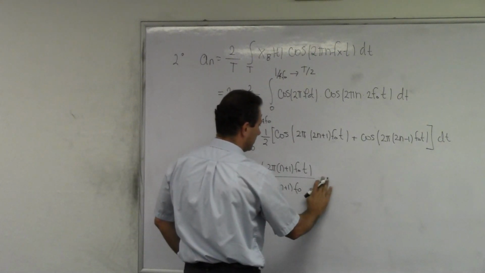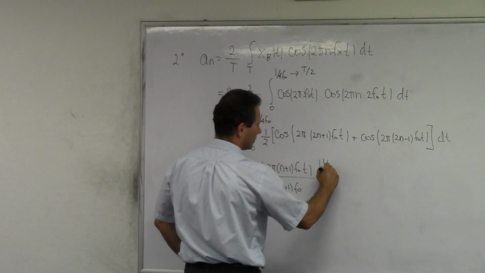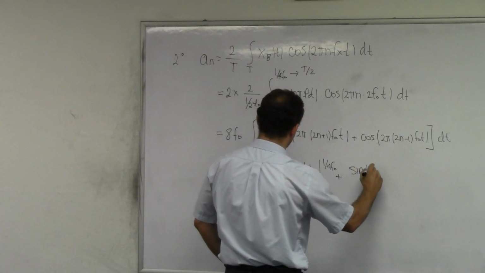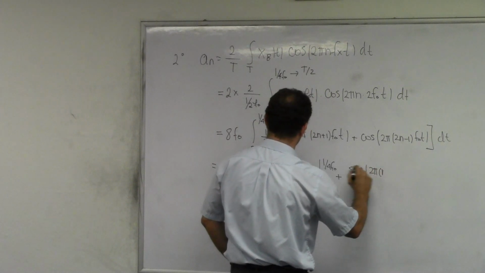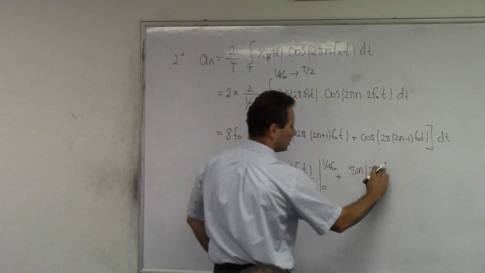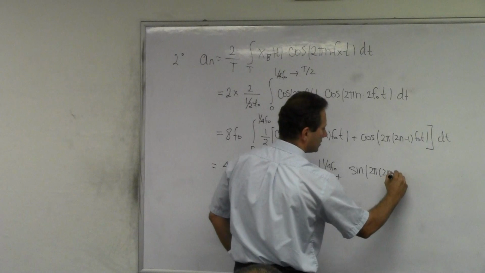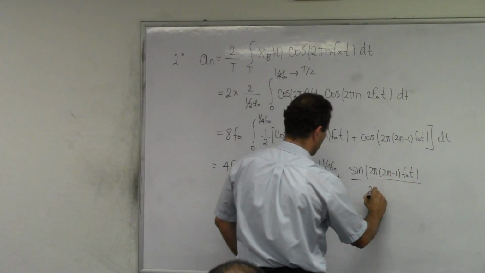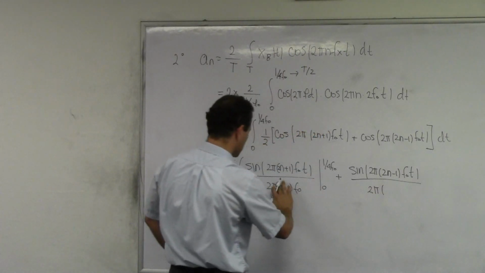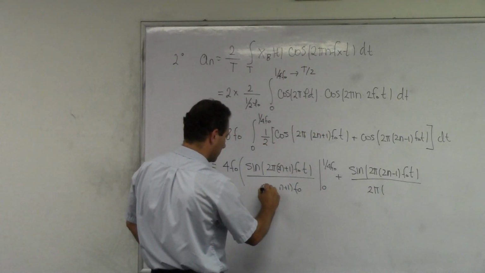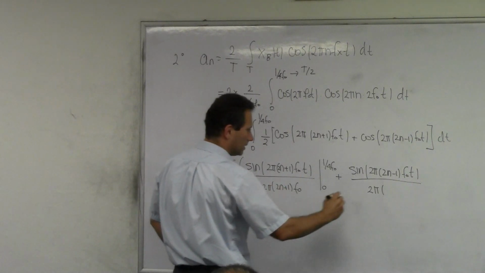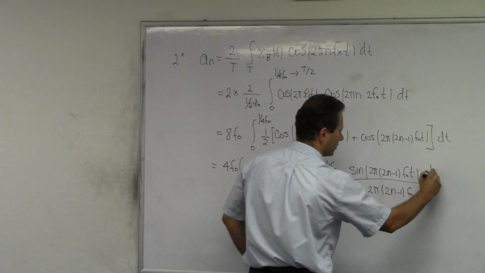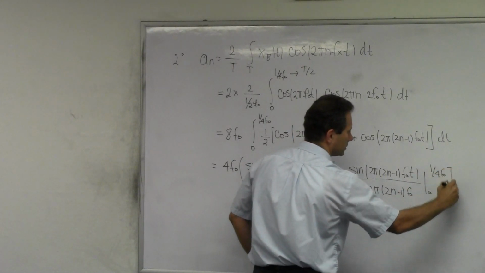And then plus, evaluated from 0 to 1 over 4 f0, plus sine of 2 pi, there's 2n here, right? 2n minus 1 f0 t over 2 pi, there's 2 as well here. So 2 pi 2n plus 1, 2n minus 1 f0, evaluated from 0 to 1 over 4 f0, right?